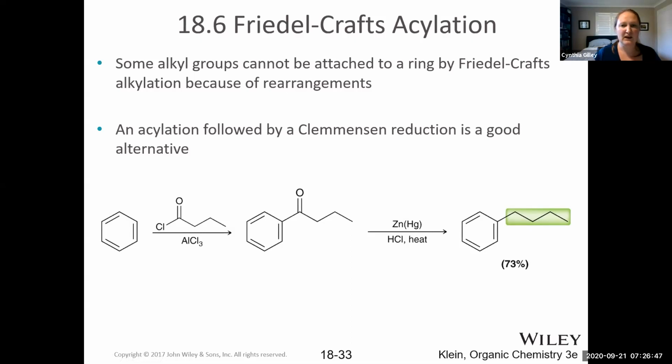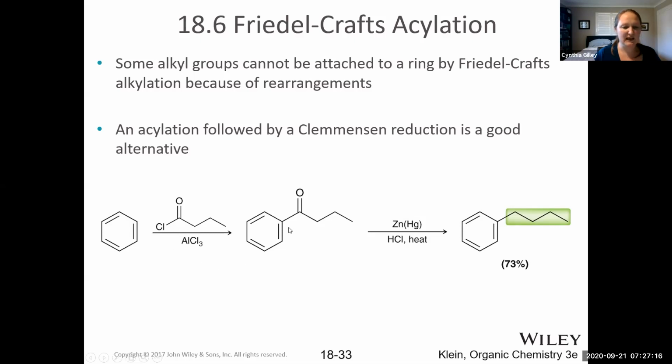This will avoid rearrangements and you'll only get a single product, which is very advantageous for organic chemists. So instead of doing a Friedel-Crafts alkylation with butyl chloride, which will lead to a mixture of products, we can do a Friedel-Crafts acylation with a 4-carbon chain alkyl halide, or acyl halide, excuse me.